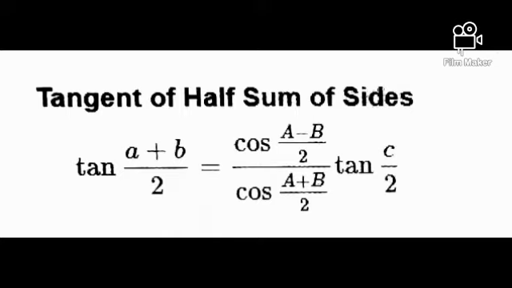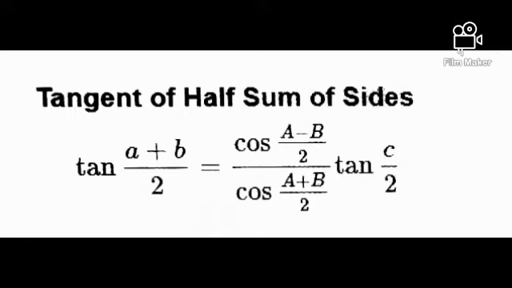And Napier's analogies say that the tangent of half the sum of the two sides is equal to the ratio of the cosine of half the difference of the two angles opposite the two sides. Angle capital A is the angle opposite the side small a, as we see in the diagram earlier. Angle capital B is the angle opposite the side small b.